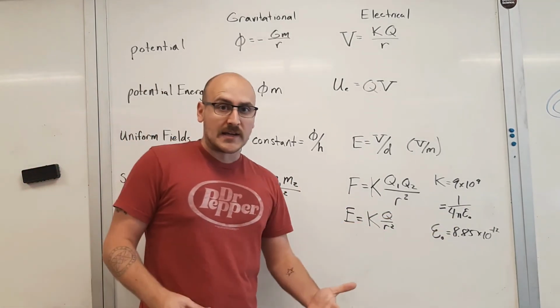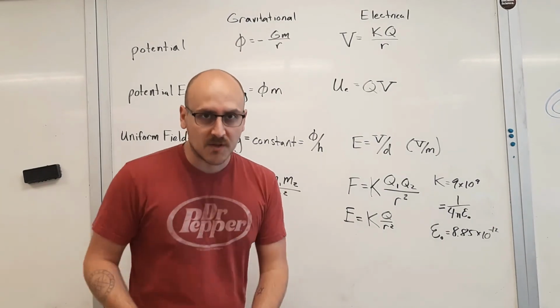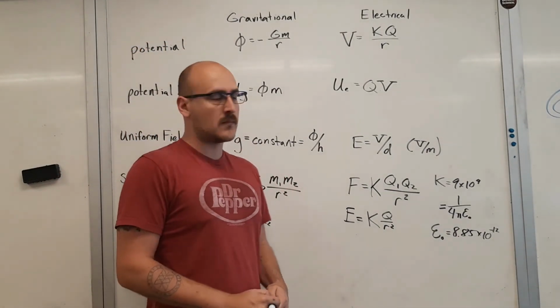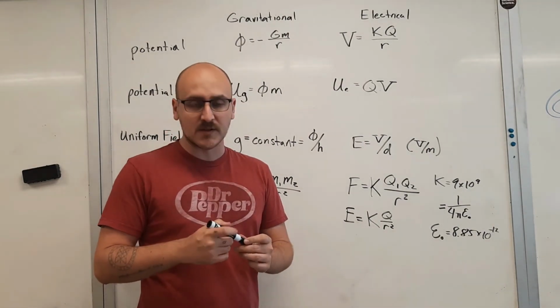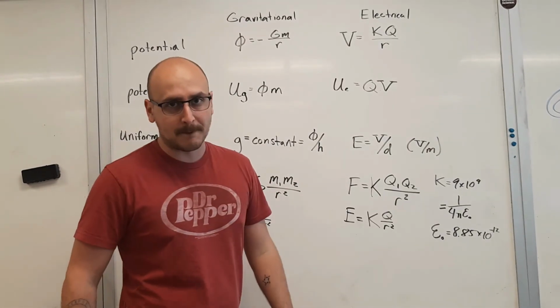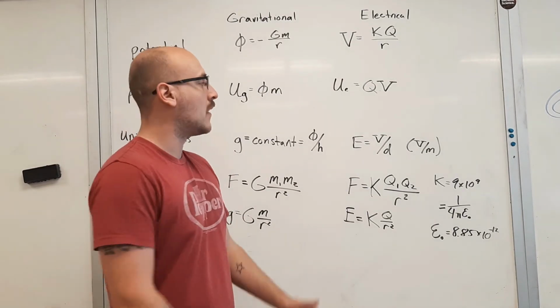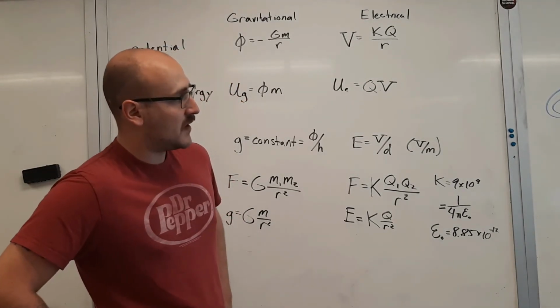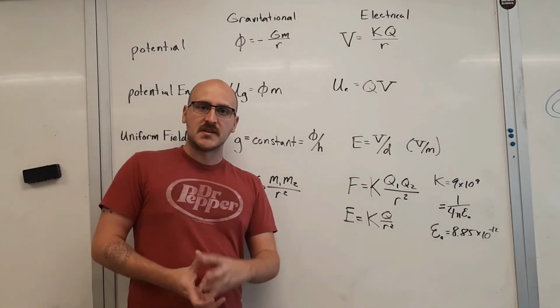Remember, work is the energy being used to move something. So if it's ever asking how much work is being done to move a charge within a certain voltage, use that right there.